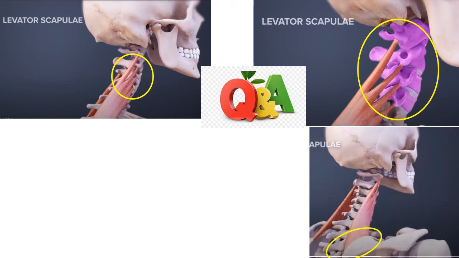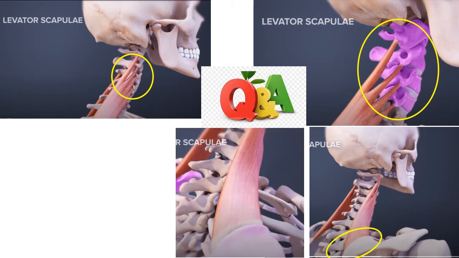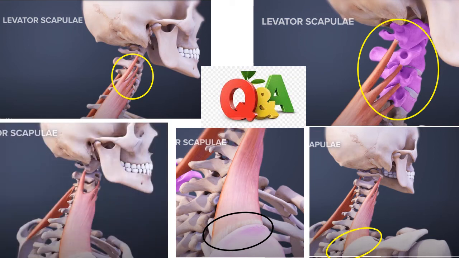If we look at this image and ask ourselves where this muscle is going to, it is going down to the superior border of the scapula, and here is a closer look at its attachment to the medial part of the superior border of the scapula, and here is an image of the muscle. Therefore, this muscle is called levator scapulae.